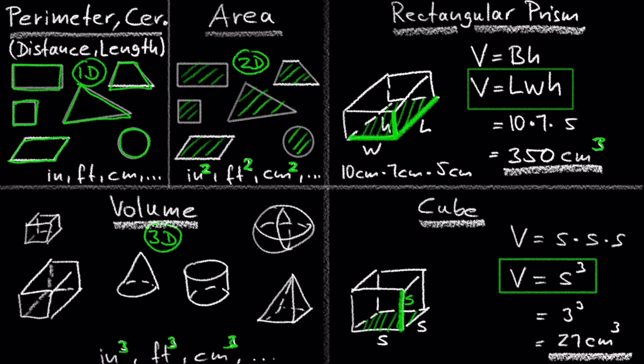Or when the side of a cube has a length of 5 centimeters, then the volume is 5 cubed, which is 5 times 5, which is 25, and 25 times 5 is 125 centimeters cubed. But we say the volume of a cube with a side length of 5 centimeters is 125 cubic centimeters.